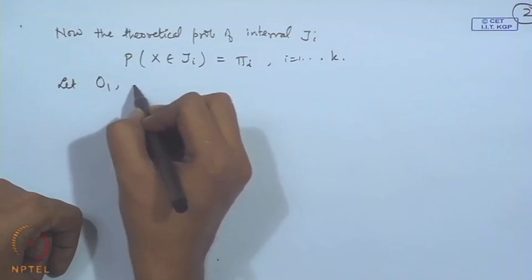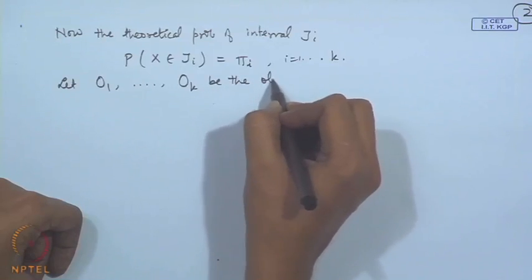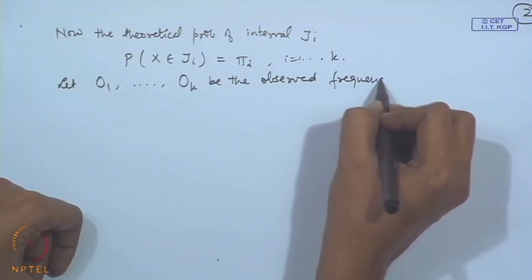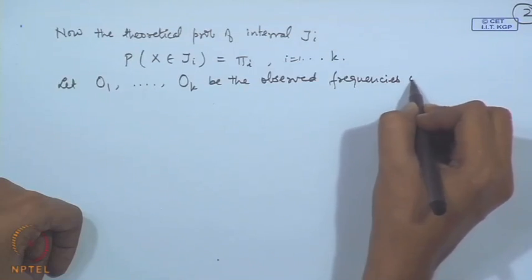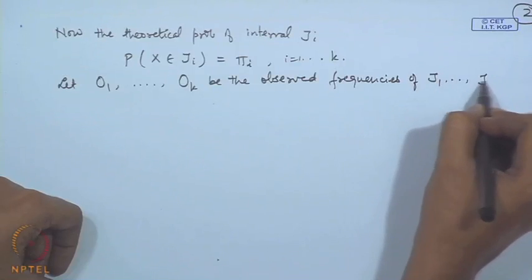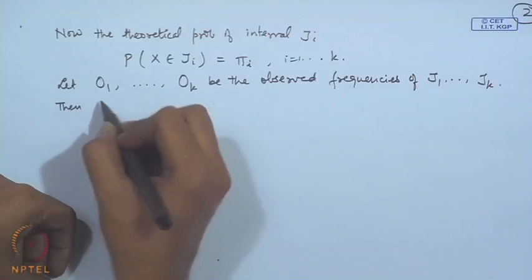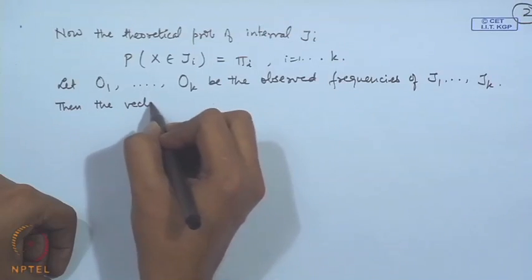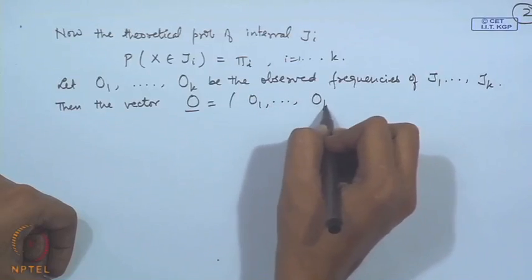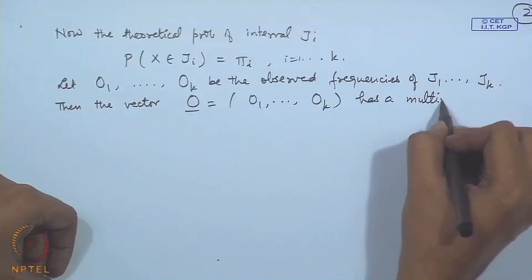So, let O1, O2, ..., Ok be the observed frequencies of J1, J2, ..., Jk. Then the vector O of these observed frequencies O1, O2, ..., Ok has a multinomial distribution.